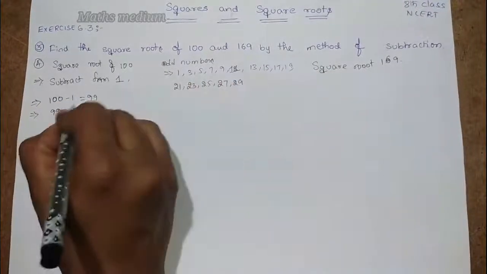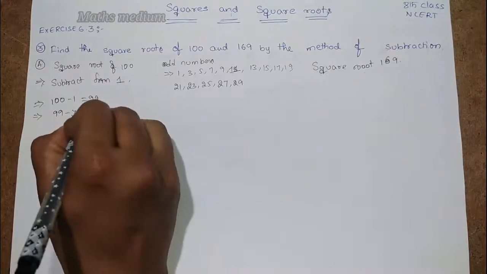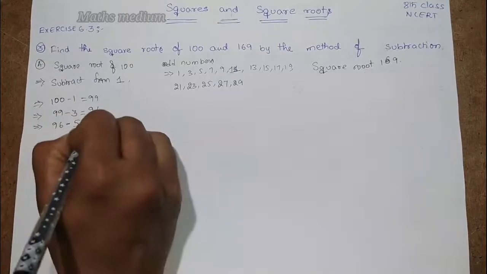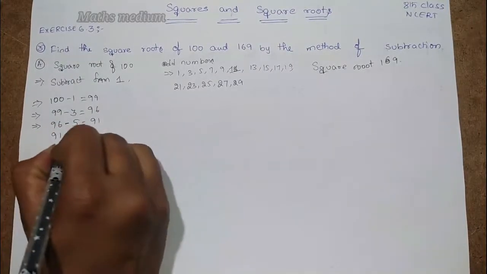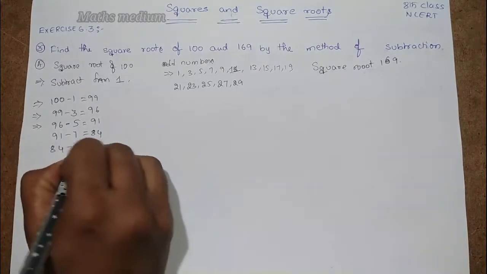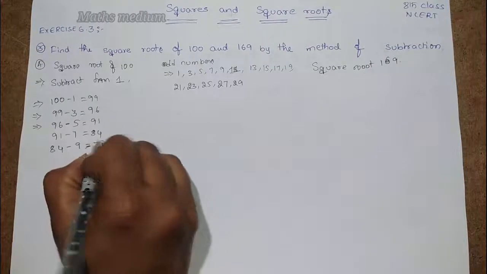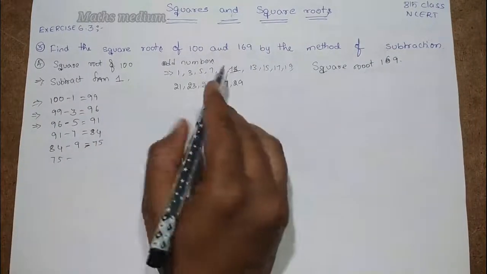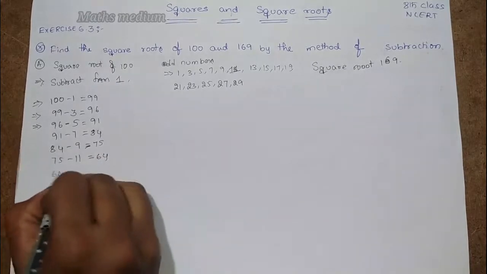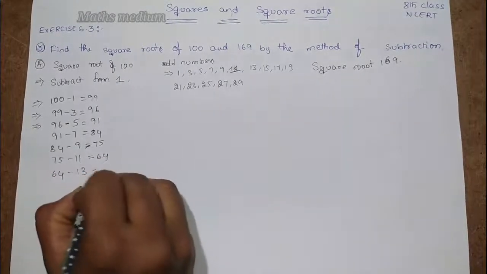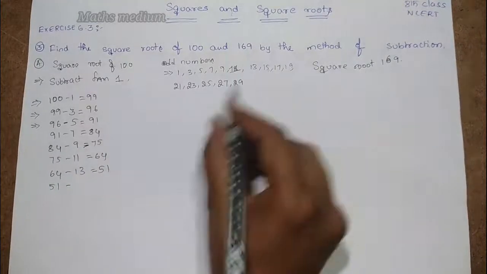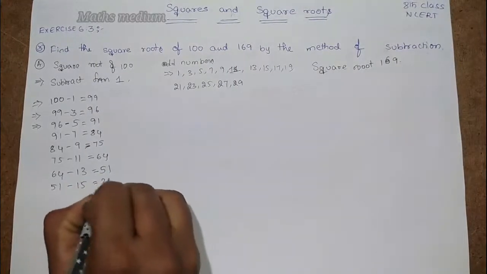So 99 minus 3 gets 96. Now 96 minus 5 is 91. 91 minus 7, 84. 84 minus 9, we get 75. 75 minus the next number 11 is 64. 64 minus 13 is 51. 51 minus 15 is equal to 36.